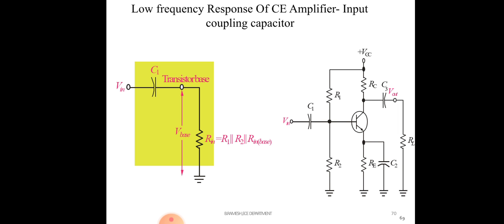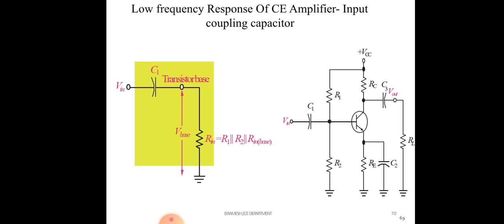Here the capacitor is in series with the parallel combination of resistances. Rin dash is equal to Ri parallel R2 parallel R1. So this is the input side frequency response.